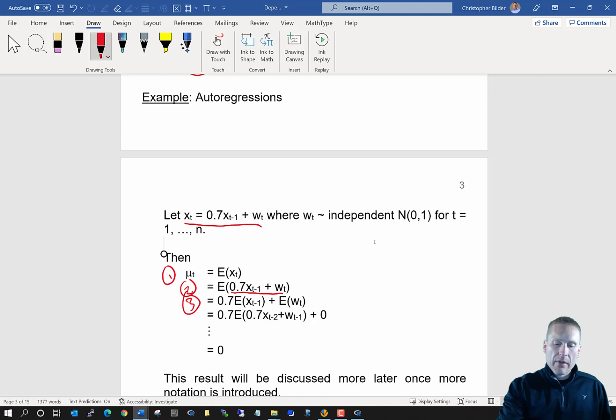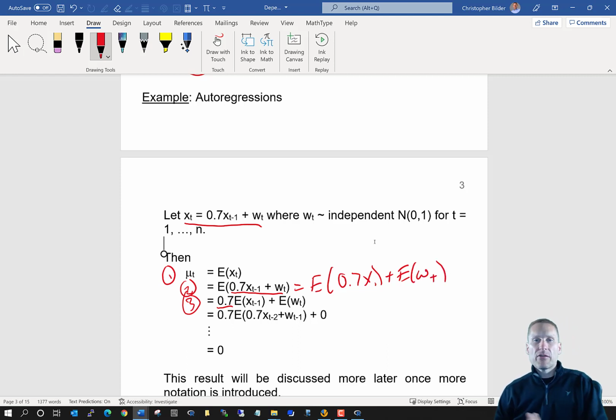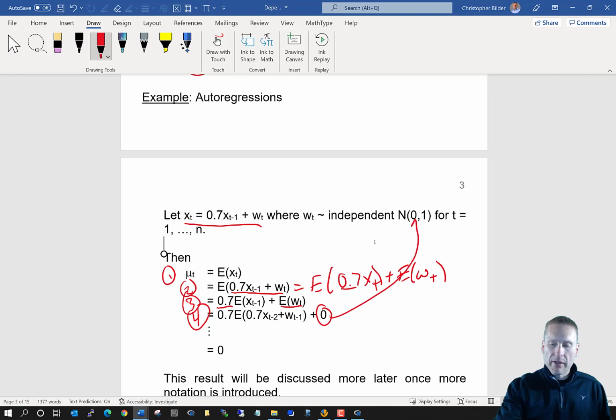Step 3, we bring that expectation through the sum. Perhaps if I wanted to do this step by step, I would do something like this. Then I factor out my constant from the expectation. Then step 4, what is the expected value of W sub t? Well, it's equal to 0, because of what we have up there.